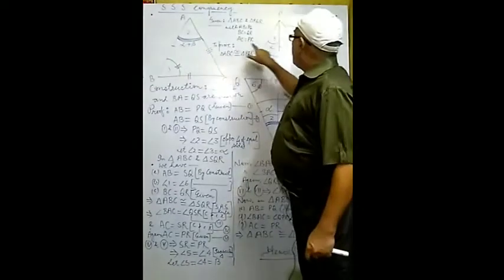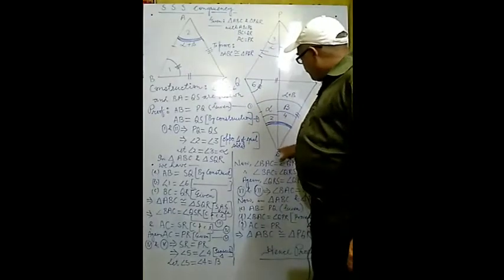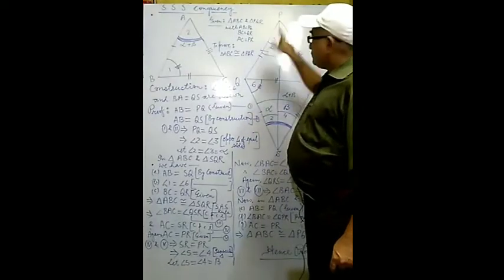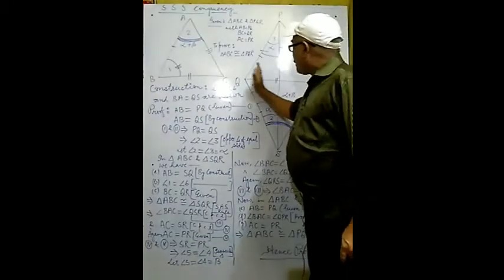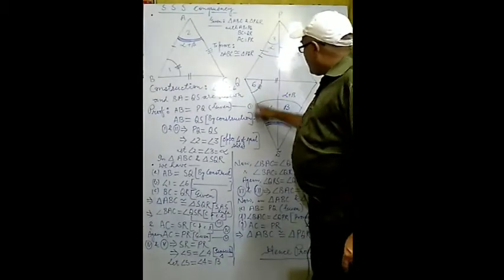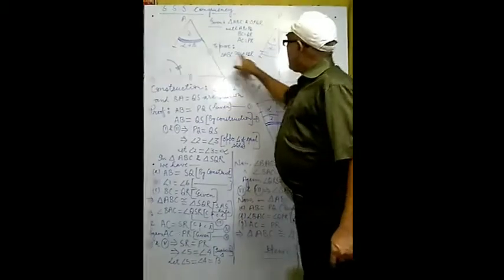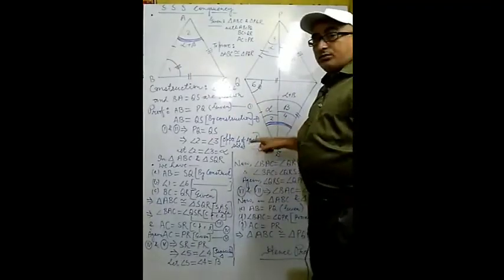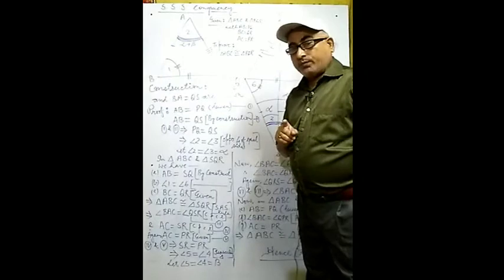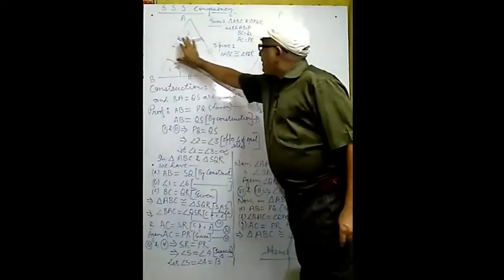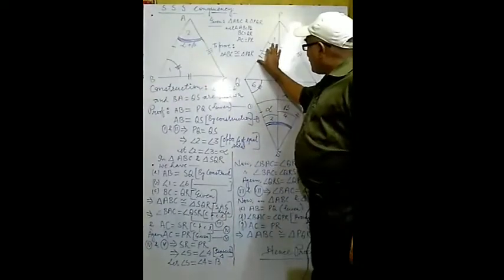Now this one equals this one and this one equals this one. Now see this triangle. Things which are equal to the same thing are equal to each other, we know. So this one equals this one and this one equals this one, which implies this one equals this one.